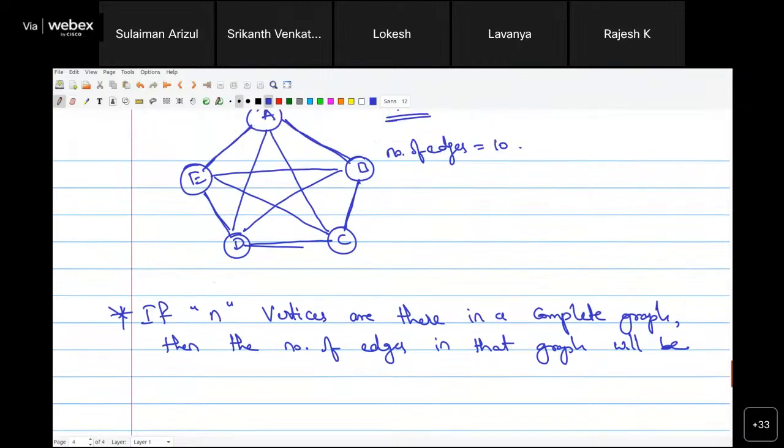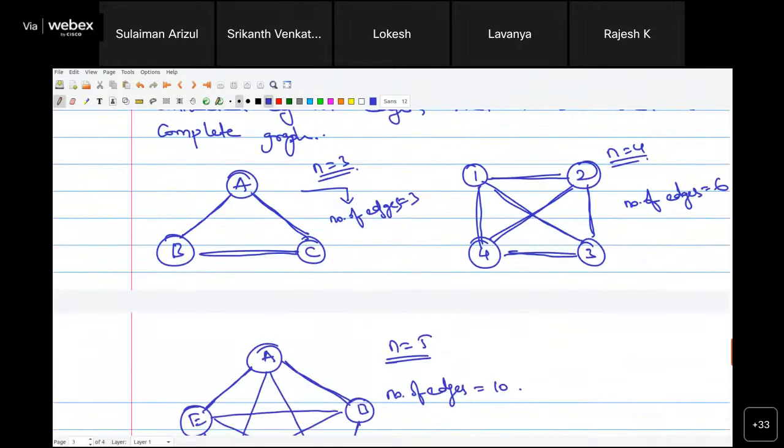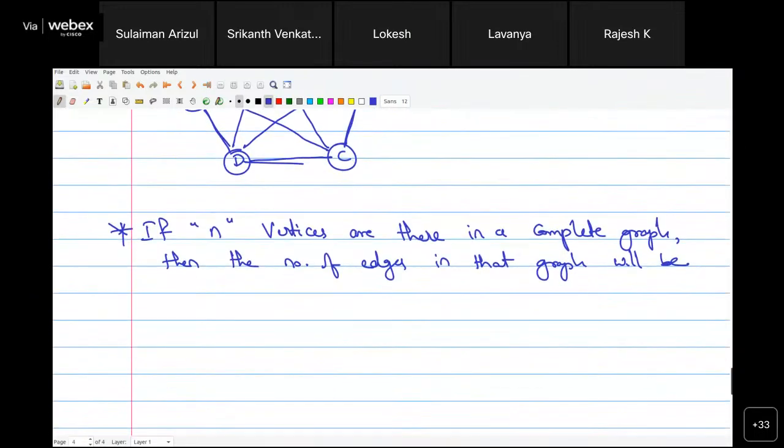For n as 3 it is 3, for 4 it is 6, for 5 it is 10. For 6 it's 15, sir. Yeah.